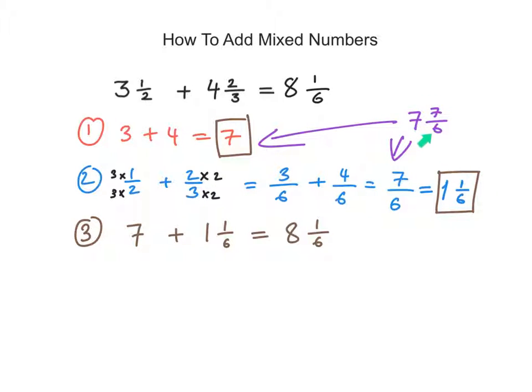What is wrong with this? Well, in a mixed number, the fractional part cannot be an improper fraction. The fractional part has to be a proper fraction. So this is wrong. The improper fraction must be converted to a mixed number and then you add it to the integer part.